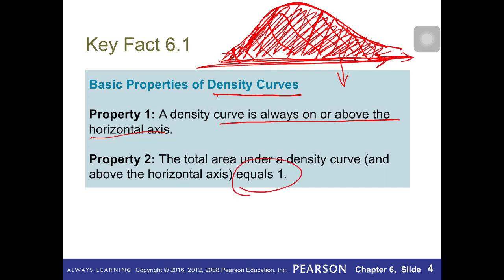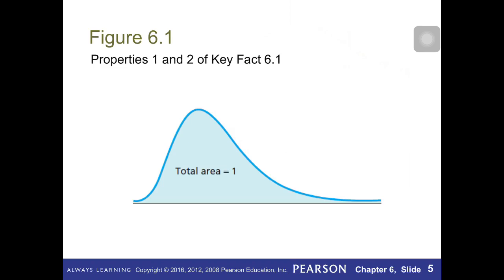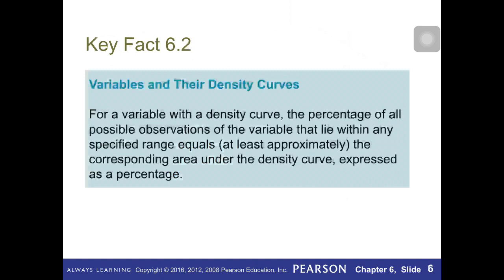Those are the two prominent properties of the density curve concept. It doesn't matter where we start or where we end, the area under this curve is 1. As I mentioned last time, this light blue area equals 1, the area under the curve.